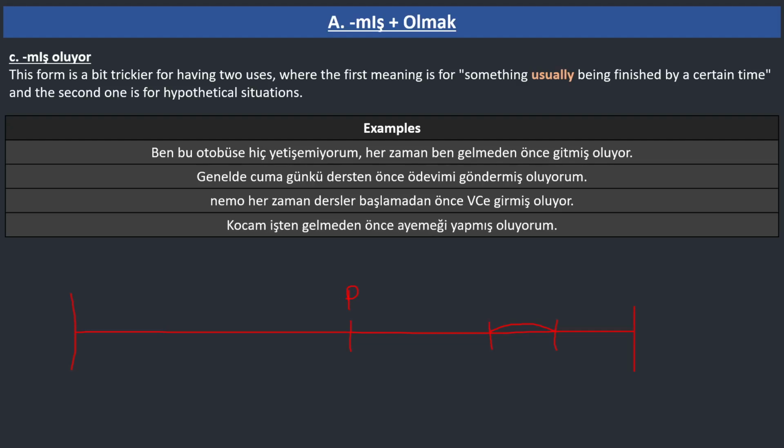Akşam yemeğini yapmış oluyorum. So maybe he comes home at, I don't know, 8 p.m. and I'm done cooking at 6 p.m. Sorry, I'm done 2 hours before he comes. So that's the emphasis I'm trying to deliver. I complete the action, the process of cooking before he comes.